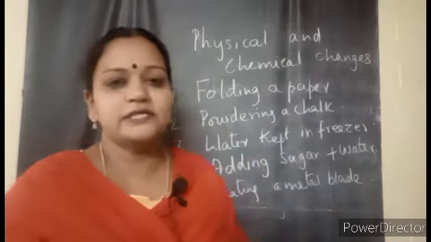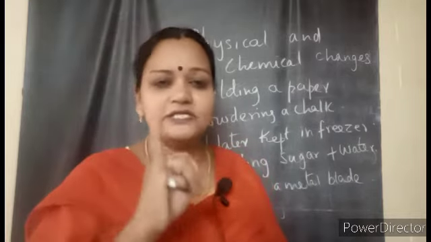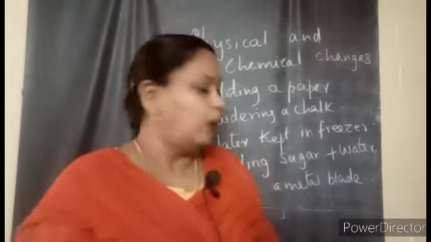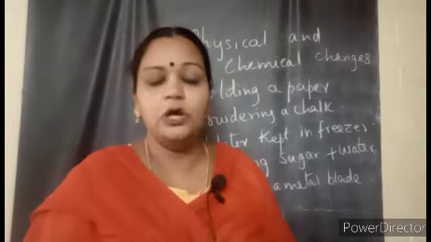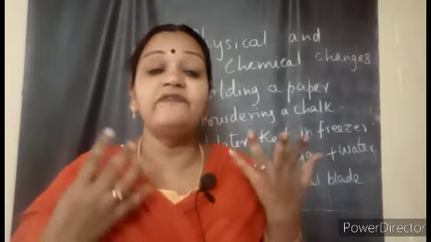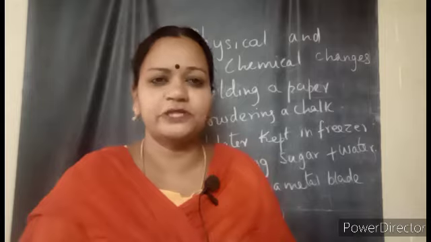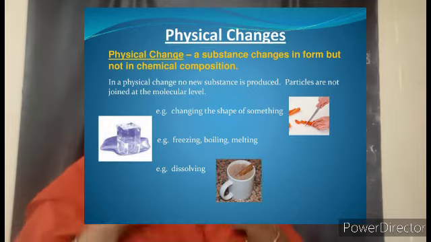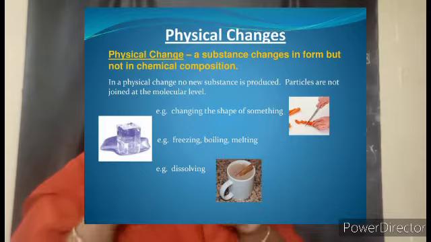So in all these cases, we notice that either the state is changing, or size is changing, or shape is changing, or the color is changing. Such types of changes are called changes in physical properties. We are talking about substances, no children. Every substance has some physical properties like size, color, shape and state. State means liquid or solid or gaseous state.